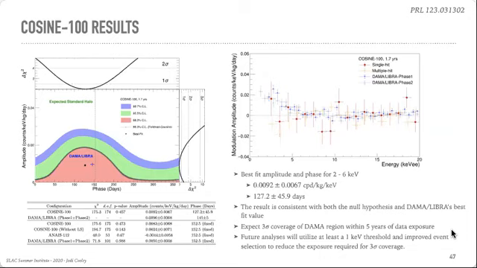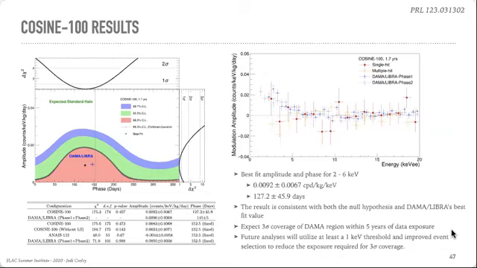This is the amplitude of the oscillation above what is predicted, and this is the phase, of when the sinusoid goes up and down. So the issue here is that the result is consistent both with the null hypothesis and DAMA/LIBRA's best fit value. So again, we have no answers.